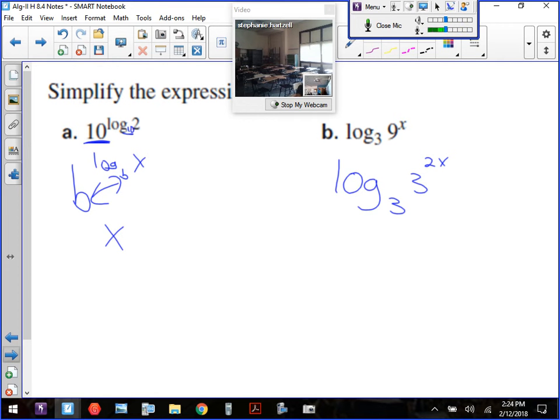Your answer would be 2x. Because these two bases undo each other, the exponent just drops. Yes, ma'am. That's solving for x. We don't know how to do that yet. All it is is simplifying. It's just a straight simplify.